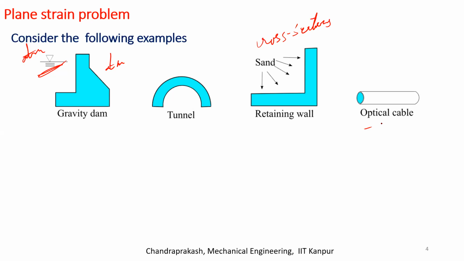So in all these 4 examples, dam, tunnel, wall, cable, all of these objects are very long compared to the cross-sectional dimensions of length, breadth and height. The length is very long as compared to them, which also means if I section, for example, this cable at this length, and so on, the behavior at every section will more or less be the same.